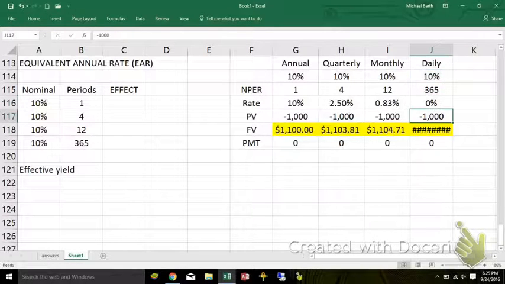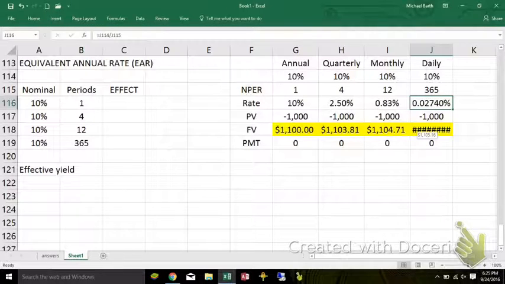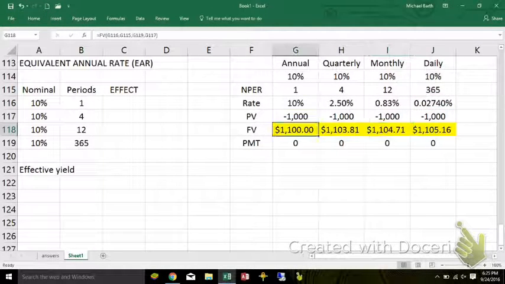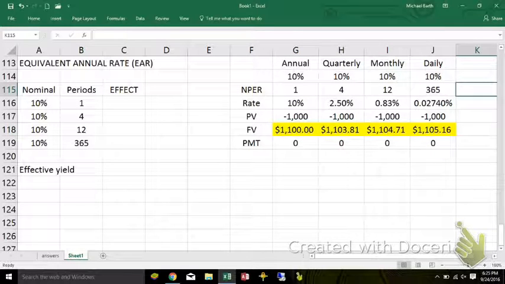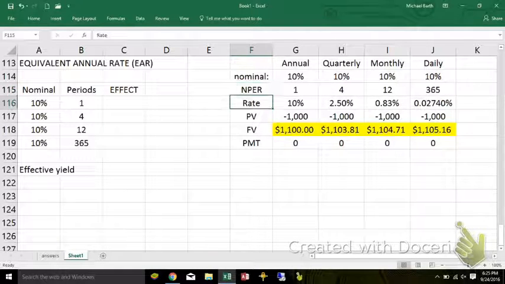That'd be your daily interest rate, and you'll end up with more money still. So even though all of these are a 10% nominal annual rate, the faster it compounds, the more interest you're going to earn.